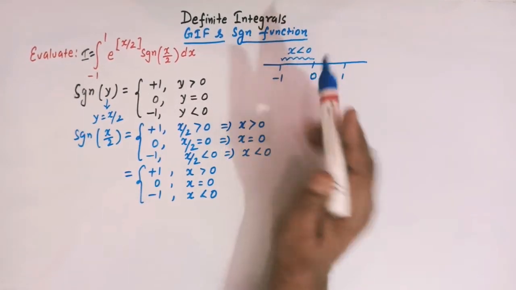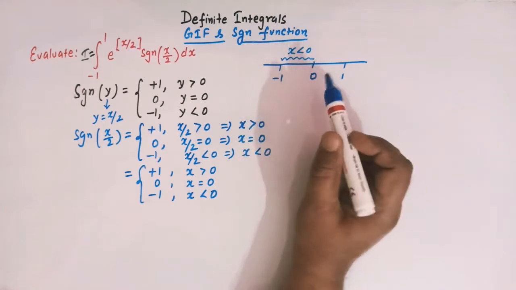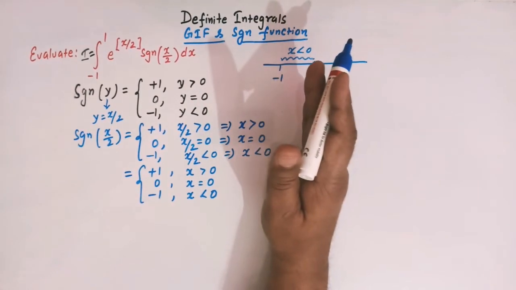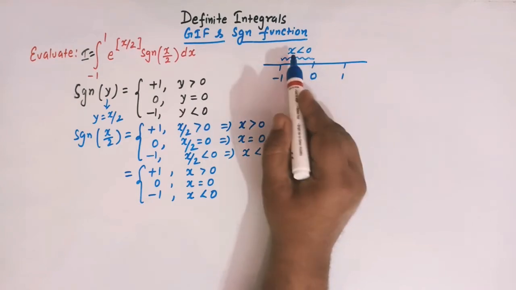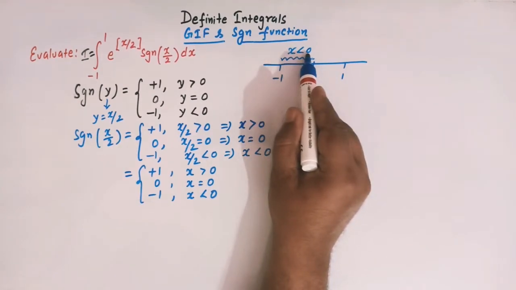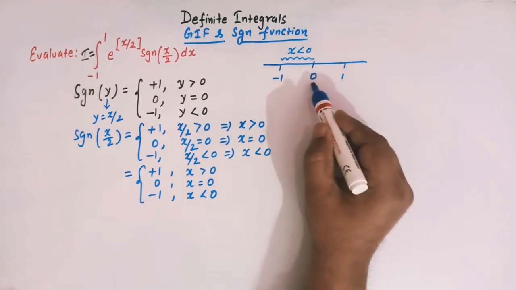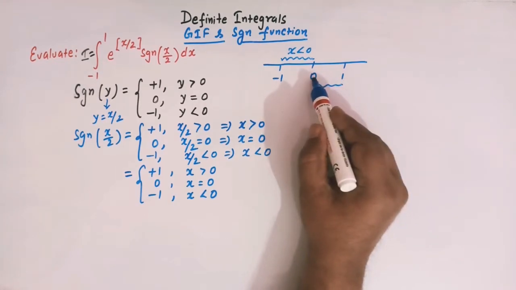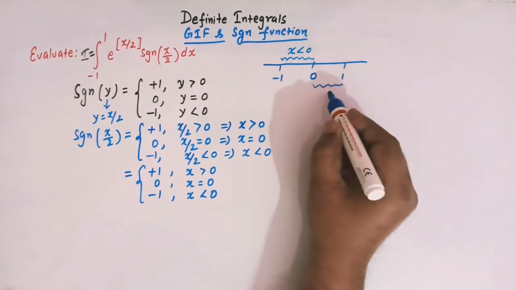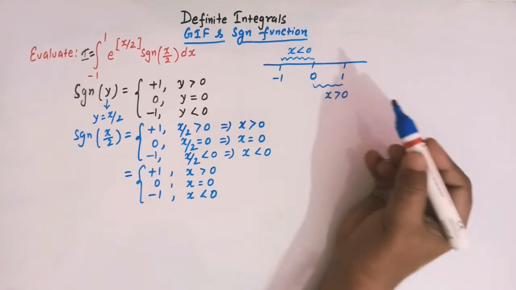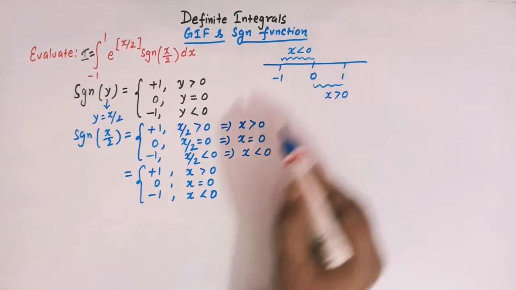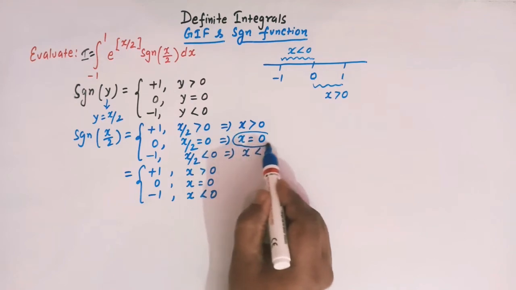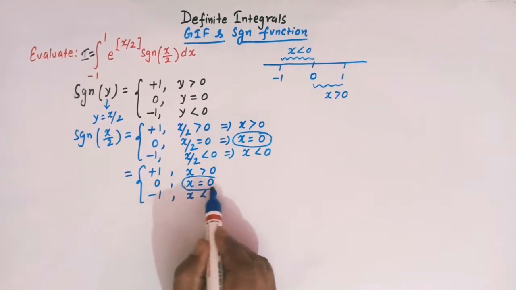It means all the values of x which lie towards the left of 0 are less than 0, right? And if we take this interval, that is from 0 to 1, obviously x is greater than 0, right? So here see, we have x is equal to 0.